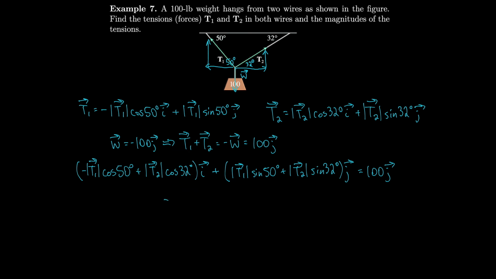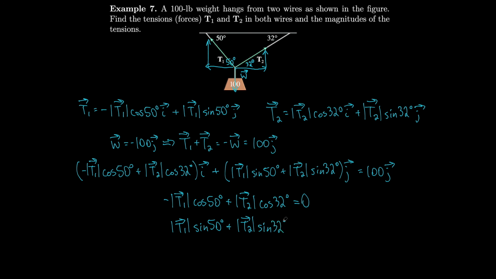So I can write minus the length of t1 times the cosine of 50 plus the length of t2 times the cosine of 32 equal to 0 for my i's. And I can write that the length of t1 times the sine of 50 plus the length of t2 times the sine of 32 is equal to 100.